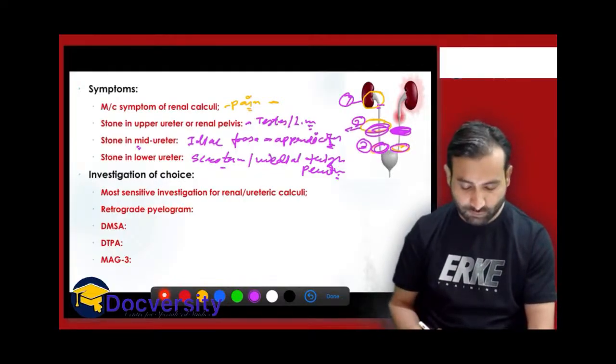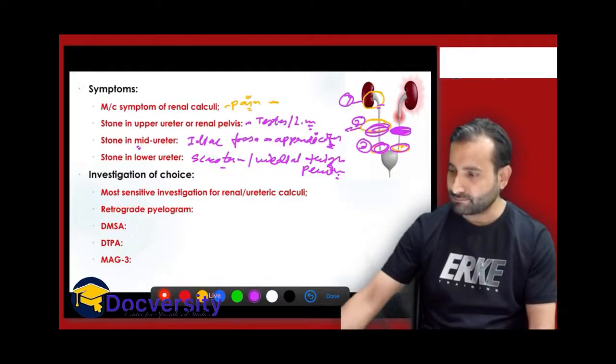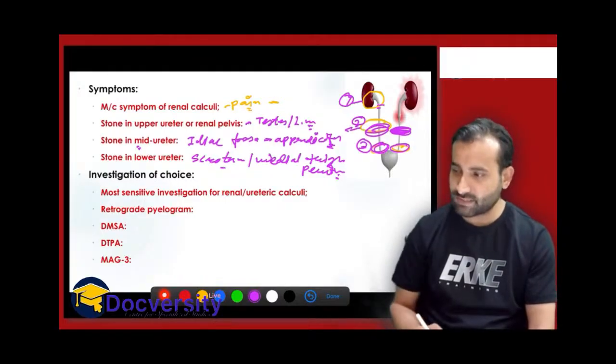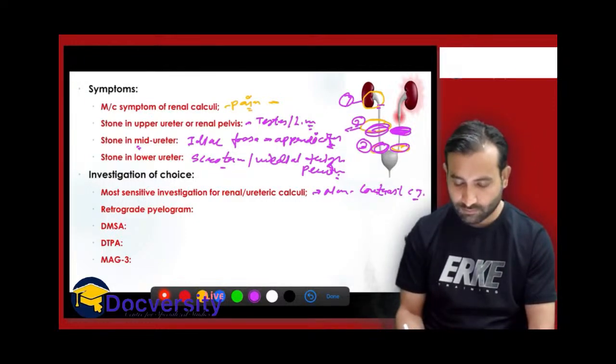And what is the investigation of choice for the renal system? Let's see. Most sensitive investigation for renal or ureteric calculi is non-contrast CT scan. So remember this one.